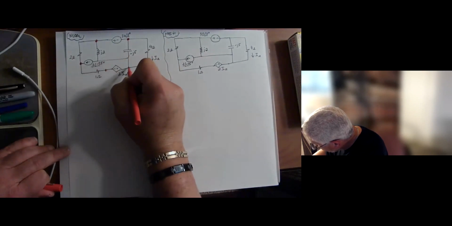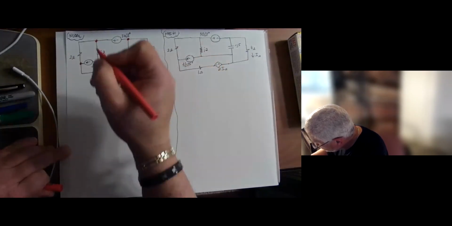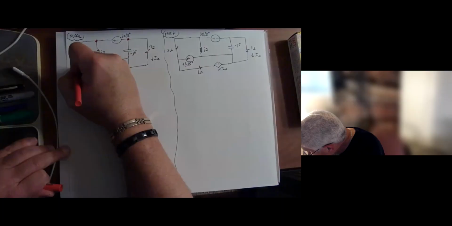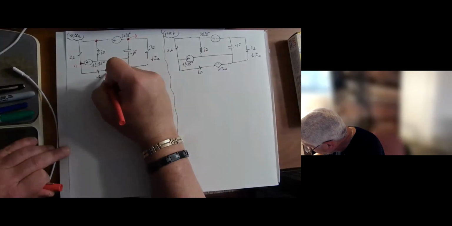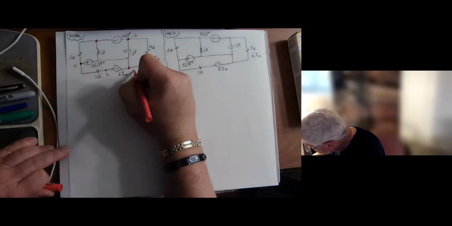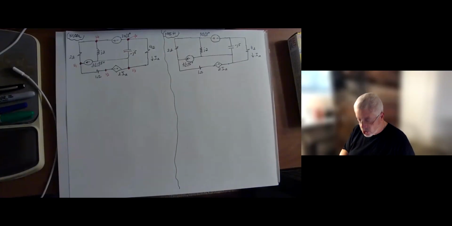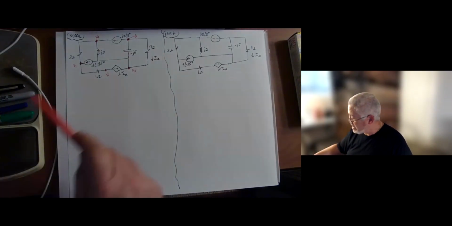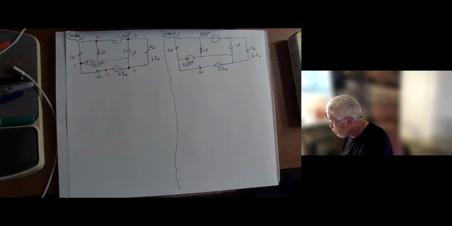Anytime you can go along a wire without touching an element, you still have the same node. And I'm going to label them. Of course, I'm going to choose a reference node. I'm going to choose this one as the reference node. So I'm going to label the other nodes V1, V2, V3, and V4. Okay. So I've identified the nodes, I've selected a reference node, and then I label the remaining nodes.